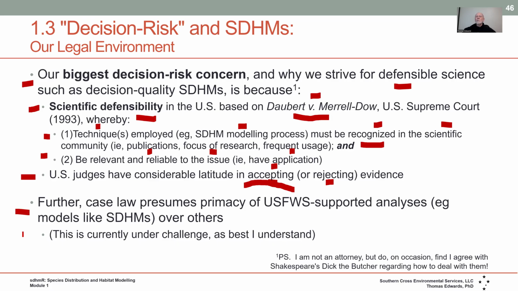And one of the other curious components in case law and policy is that U.S. Fish and Wildlife Service supported analyses, in the cases of a distribution model, or the range maps developed through ECOS and Ecological Services, it presumes primacy over others. Now, this is also under challenge. I must acknowledge that this statement is 2 years old, and frankly, I don't know the status of it.